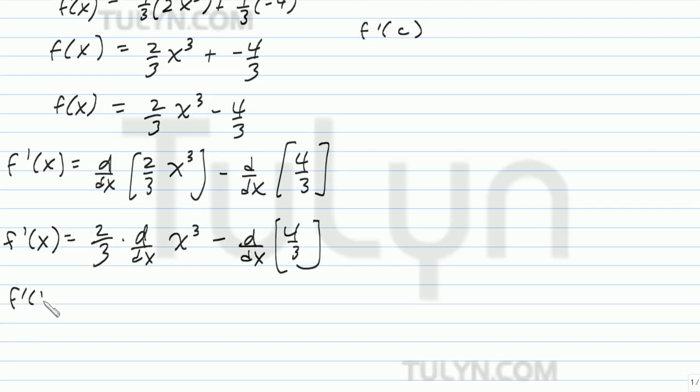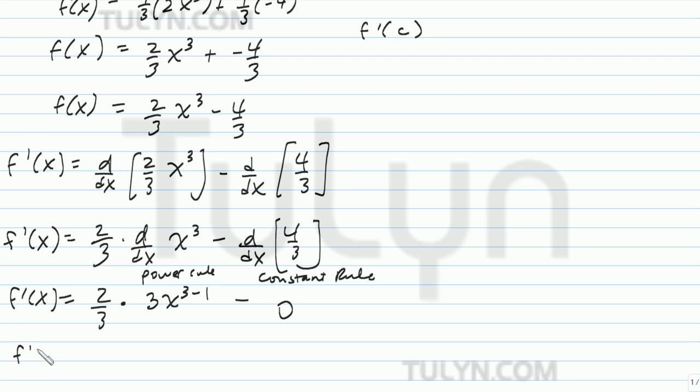So f prime of x is equal to 2/3 times, use the power rule, and it's going to be the power x to the 3 minus 1, minus the constant rule, where you apply the constant rule because the derivative of a constant is equal to 0. So f prime of x is equal to 2/3 times 3x to the 3 minus 1, which is 2, minus 0.